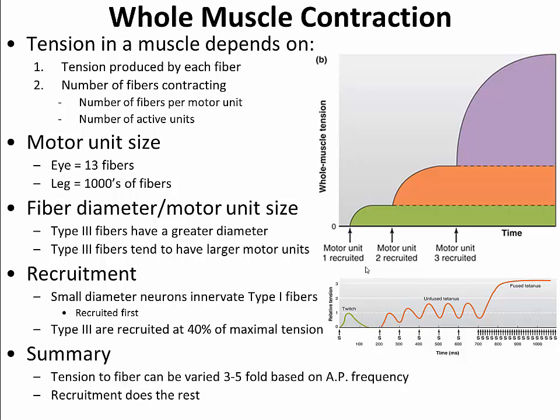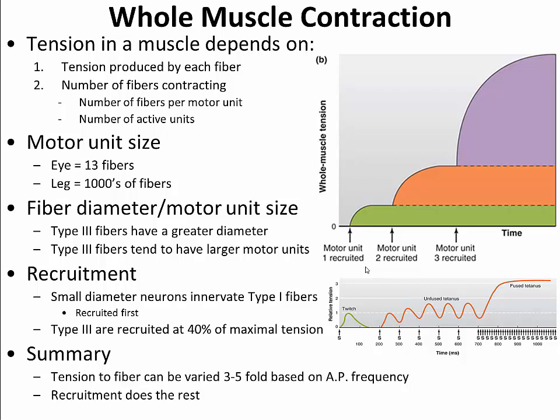But the motor neurons of the type 1 fibers are the smallest, and so the same amount of stimulus affects them more. So we achieve action potentials most rapidly in these type 1 motor neurons that are going to activate these type 1 motor units consisting of the slow oxidative fibers.